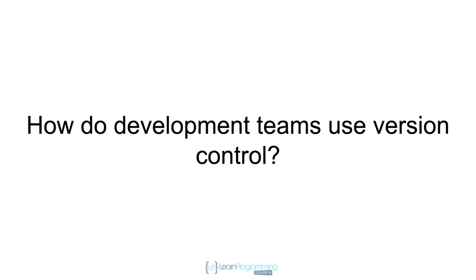Now, how do development teams use version control? Well, this is actually quite interesting, and usually you are going to have a computer where you create a project, and there you initialize the version control that you have chosen. In our case, it is going to be Git. But because we're going to be working with teams, this same repository with all of the changes that have ever been made can be shared with a second computer, maybe the computer of your teammate.